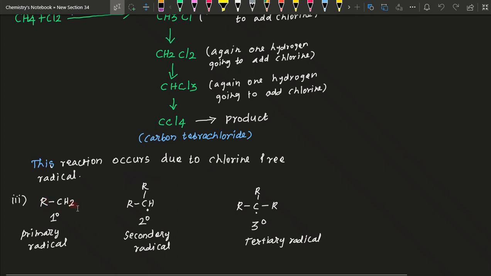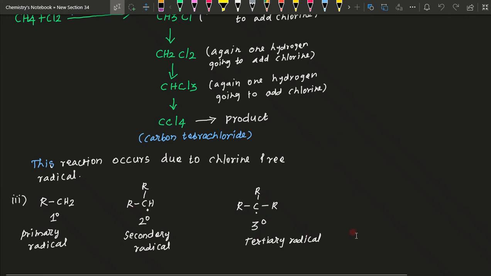See RCH2, this is the primary radical. CH with two R groups, this is the 2 degree. Here 3 R groups and carbon, this is the tertiary radical.